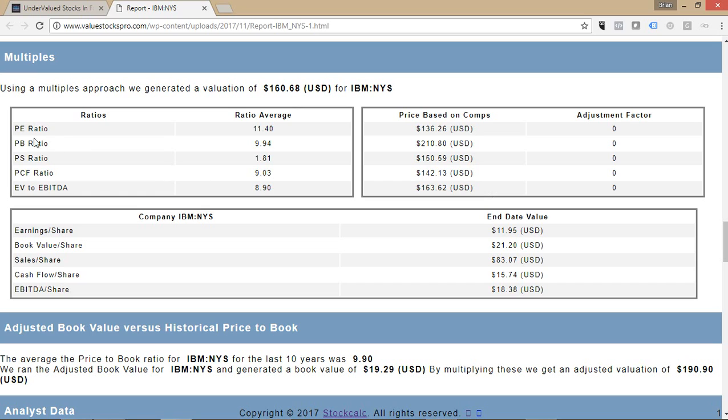And we use the same methodology that you see above, where we're using price to earnings, price to book ratios, and so forth, and we're using the average values for the company against its current ratios to come up with current pricing. And you can see how they're varying across the different ratios, the values that we're getting. There's fair consistency with the exception of price to book ratio, for example.